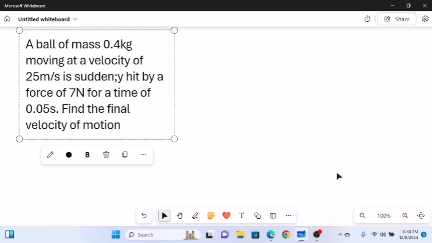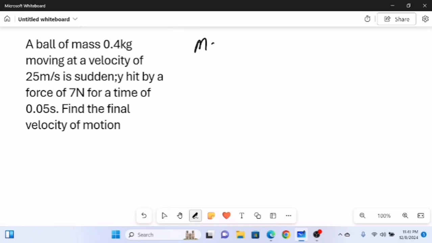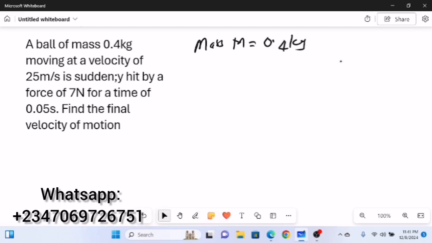Now let's pick out our parameters. We were given a ball of mass, so mass m was given as 0.4 kg, moving at a velocity of 25 meters per second.